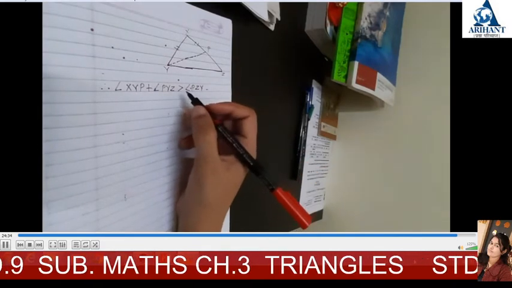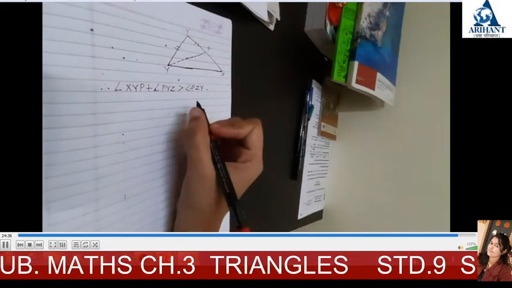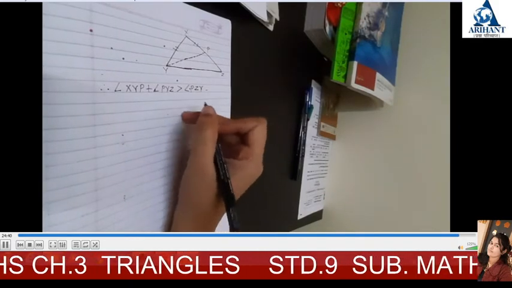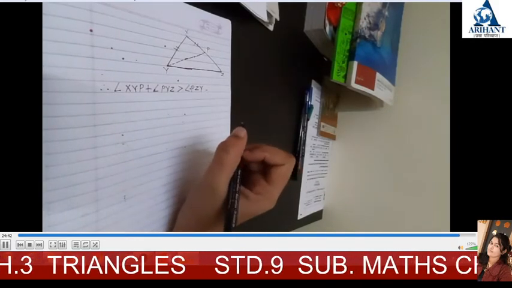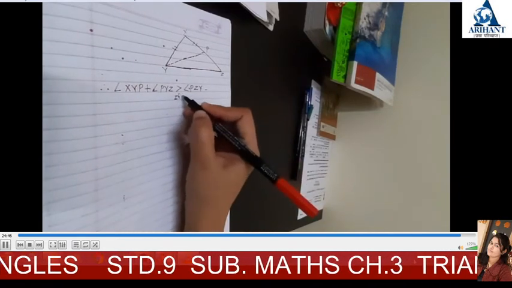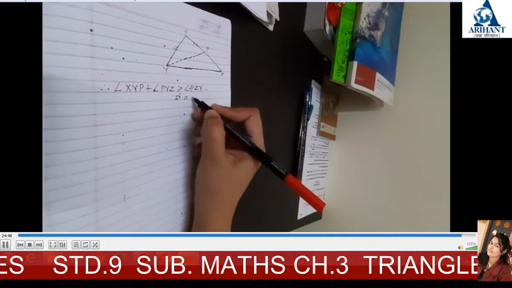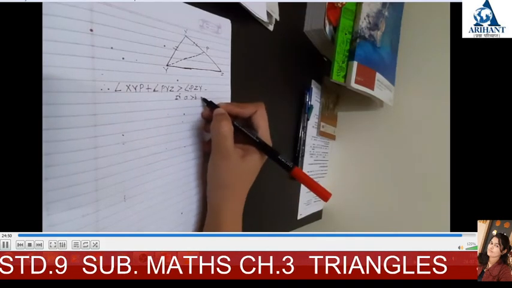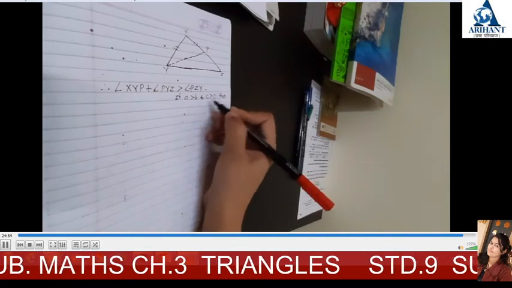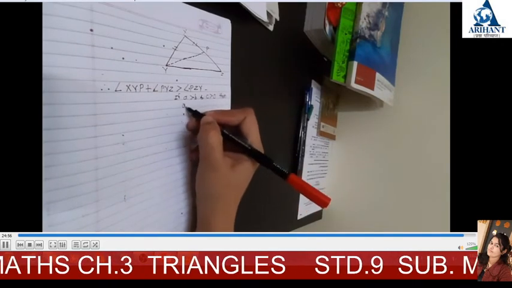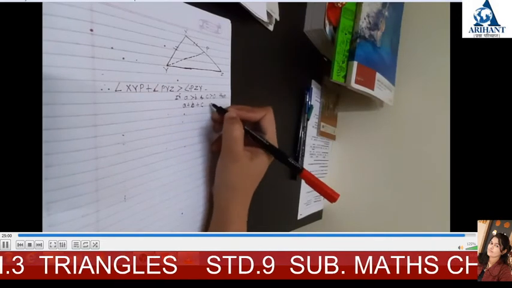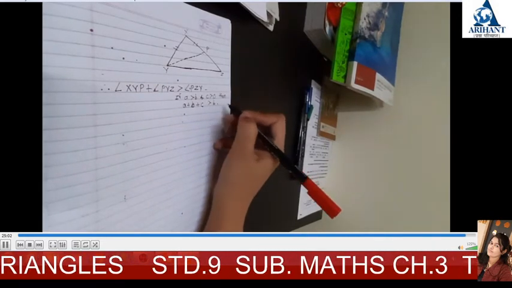It is because if A is greater than B and C is greater than 0, then A plus C is greater than B. I hope everyone understands.